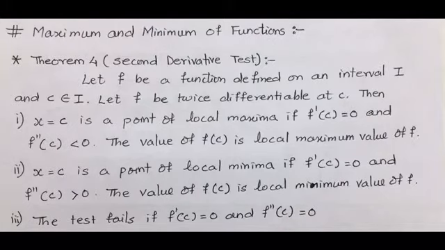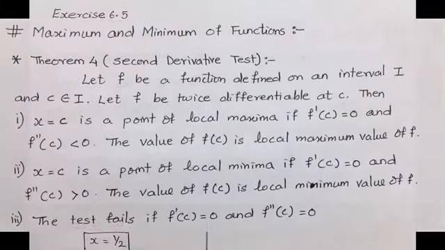Then we calculate the second derivative. Whatever the value of x calculated is substituted in the second derivative. If the second derivative gives a positive value, then it is minimum, and if the second derivative gives a negative value, then it is maximum. So it is just opposite to increasing and decreasing functions.